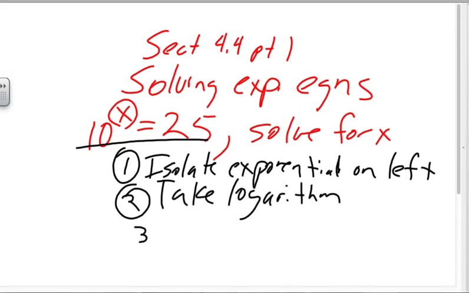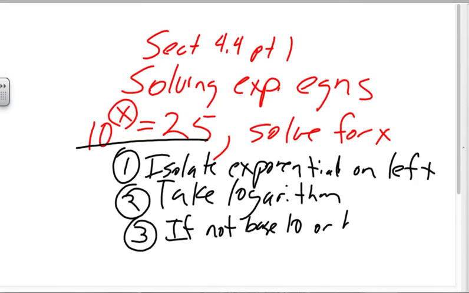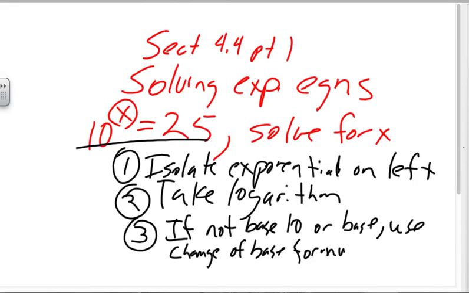Step number three, if not base 10 or base e, use your change of base formula, which we talked about in the last video. And you want to use, remember, it's a natural log of your variable divided by the natural log of your base.